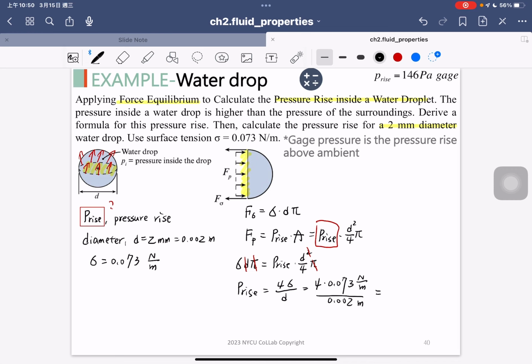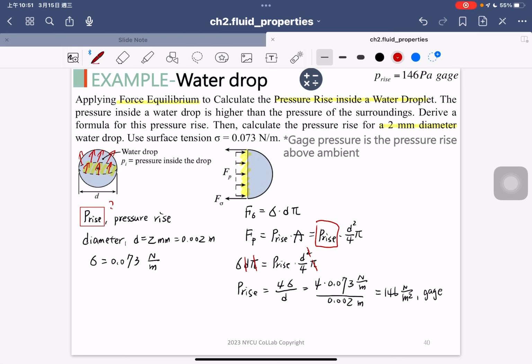It's equal to 146 Newton per meter squared, and this is relative to the ambient pressure. So we say that this is the gauge pressure. This is the pressure rise we require to have the bubble with the 2 millimeter diameter.